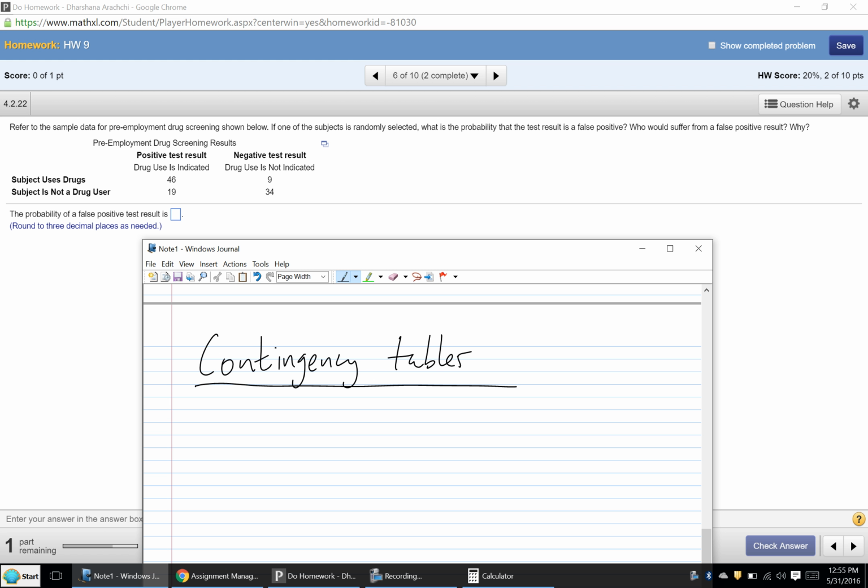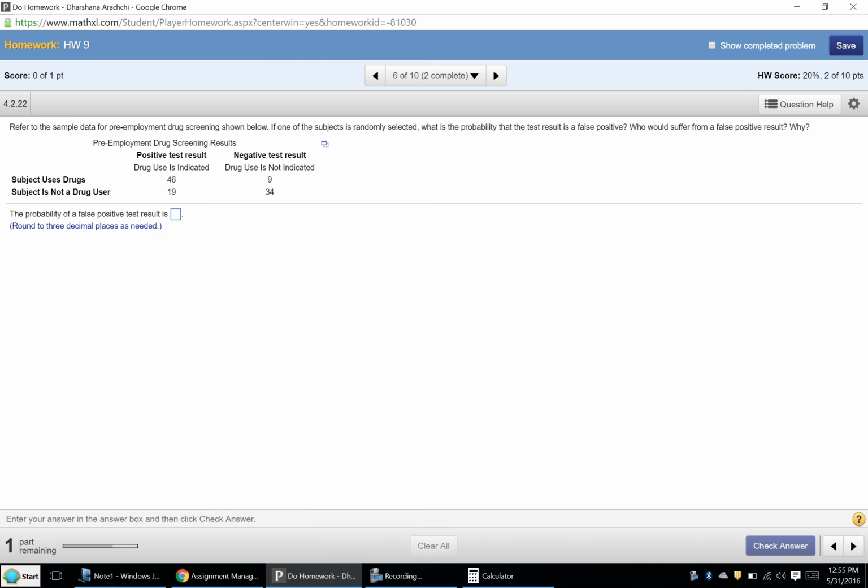It says refer to the sample data for pre-employment drug screening shown below. If one of the subjects is randomly selected, what is the probability that the test result is false positive? What does it mean by false positive? Let's try to understand this whole data set.